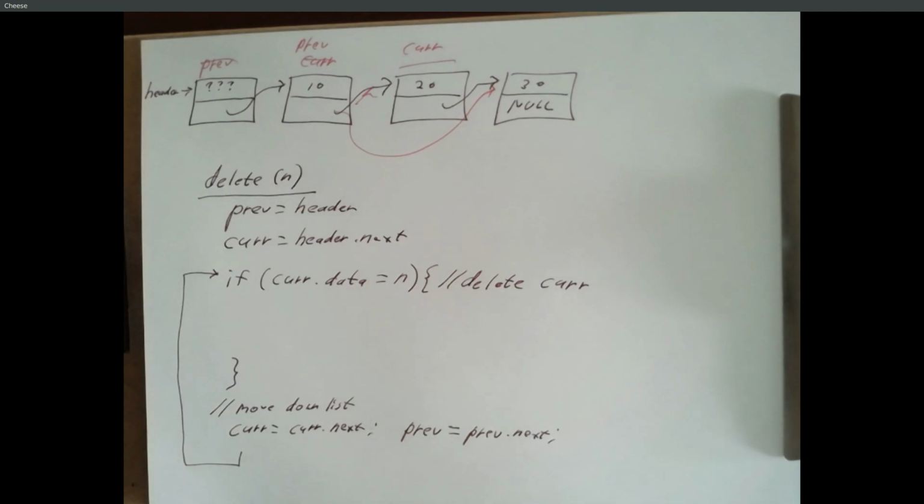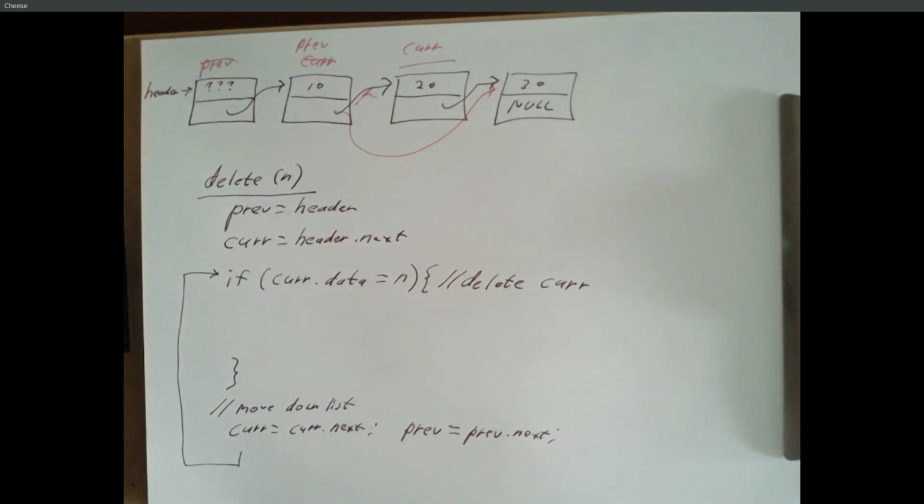So it's really a 3-instruction loop. Check to see if the current node's data is the thing that we're trying to delete, and if it's not, change current to be the node after current, change previous to be the node after previous. We could also have just said previous equals current if we want. And so this marches down the list, previous current, previous current, previous current, until this is the node we want to delete.